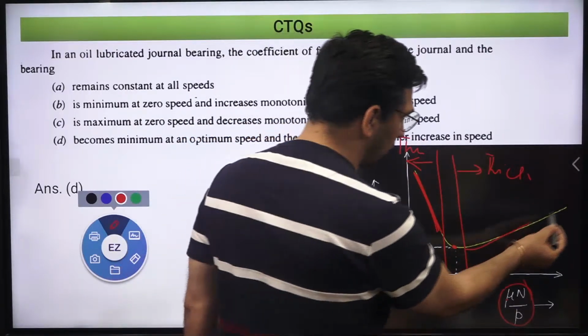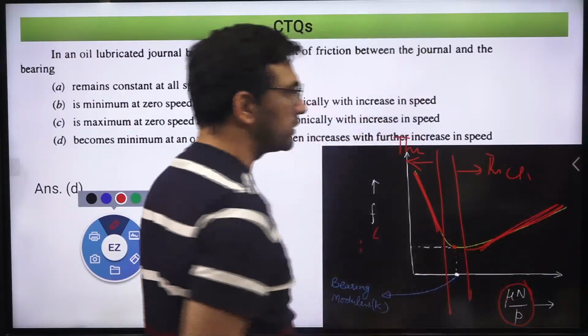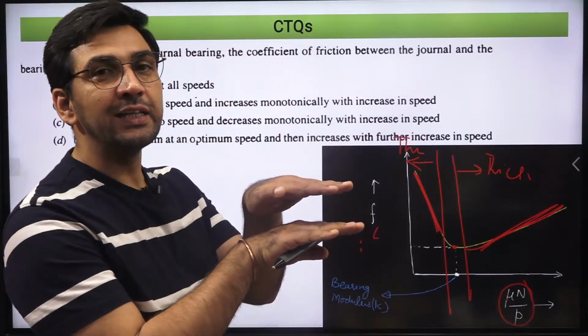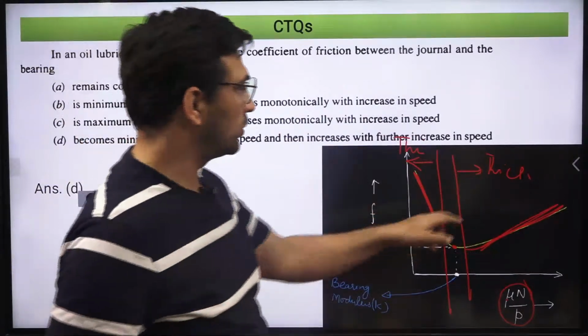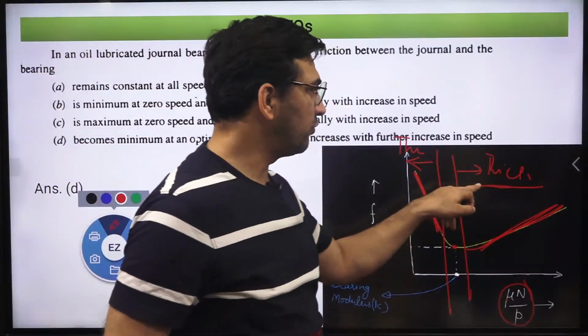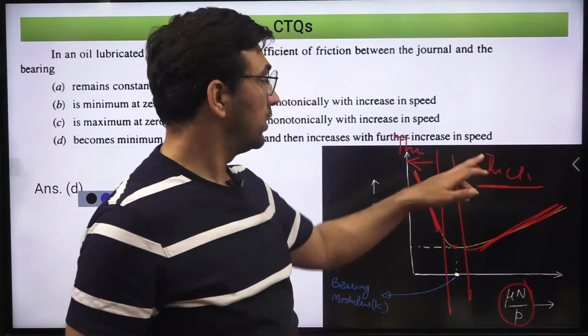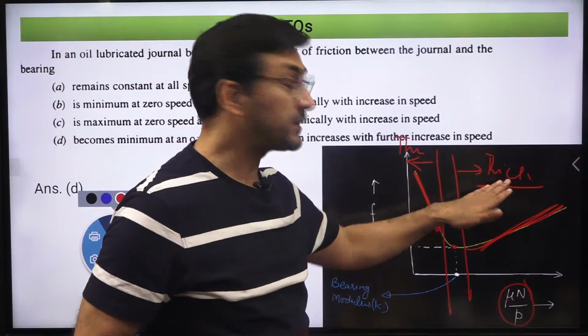Whereas over here we call it thick film lubrication, because both the surfaces are going to be separated by a thin layer of lubricant. That is why we say it's thick film lubrication, or we also call it hydrodynamic lubrication, or stable lubrication.